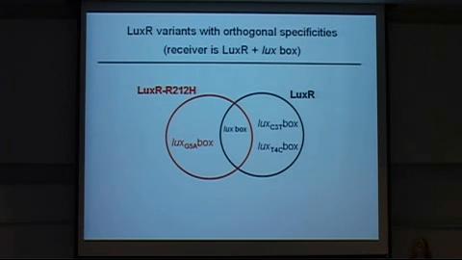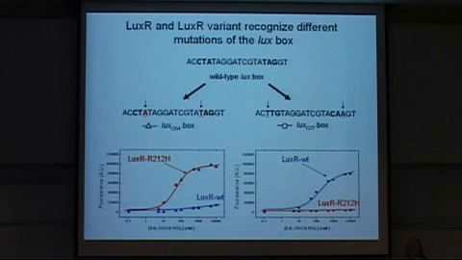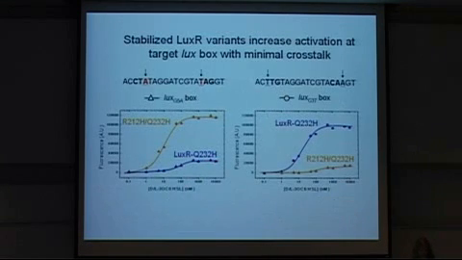So we do actually have something that is orthogonal in its DNA specificity. And I just show that here. We have activation of this mutant at G5A, whereas LuxR is not responding, and LuxR is responding to position 3T, whereas the variant we found is not. And we also found if we used a stabilized protein, we could get actually better activity at that position and also here.